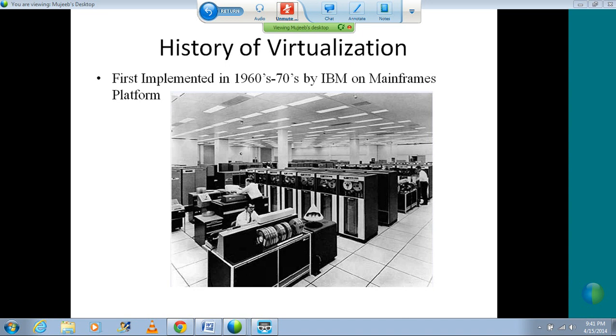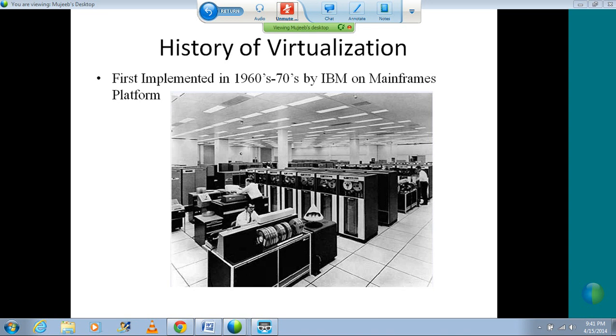Now, if virtualization got implemented in the 1970s itself, then why didn't our IT infrastructures utilize this technology called virtualization? Why didn't we utilize it till recent years? There was no virtualization technology available, nor did we utilize it in our IT infrastructure till recent years.